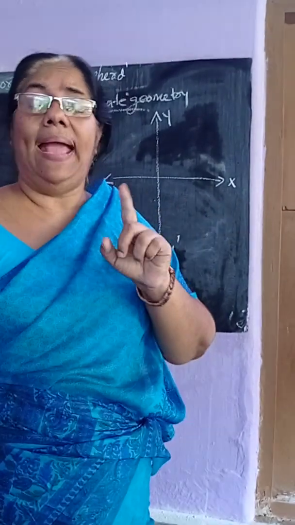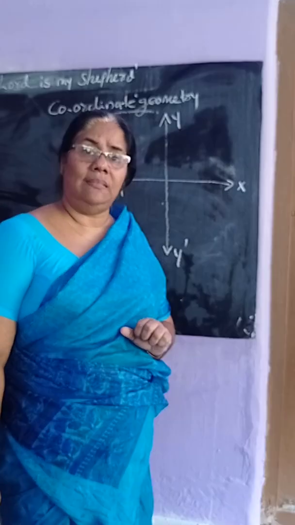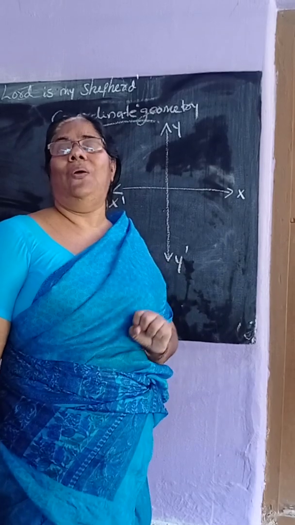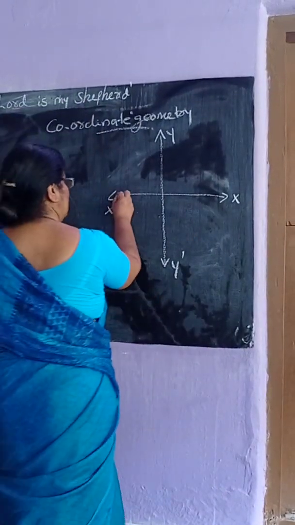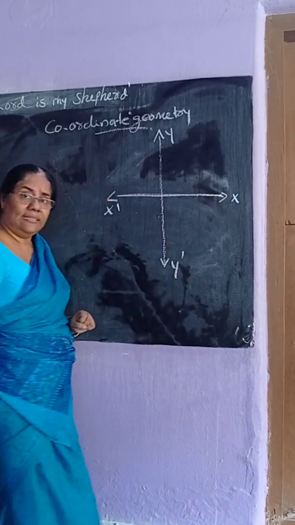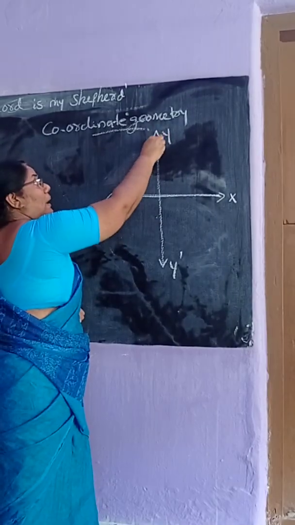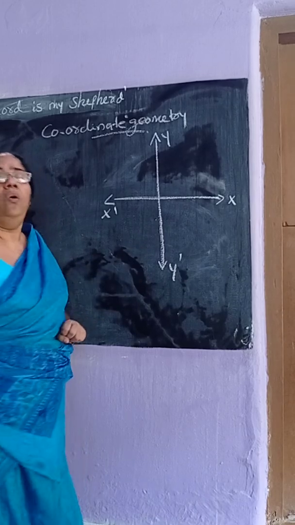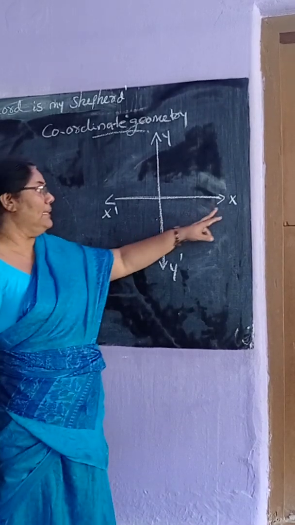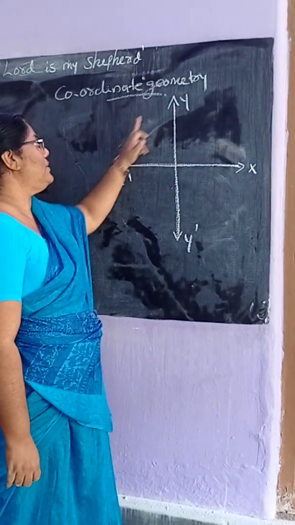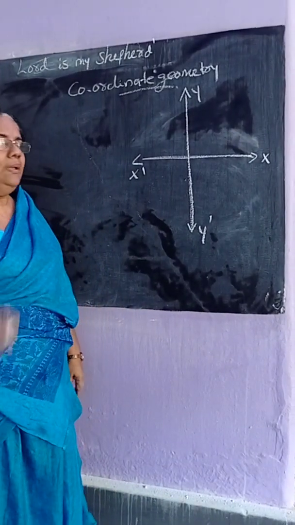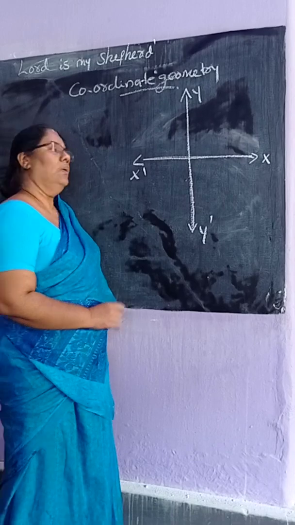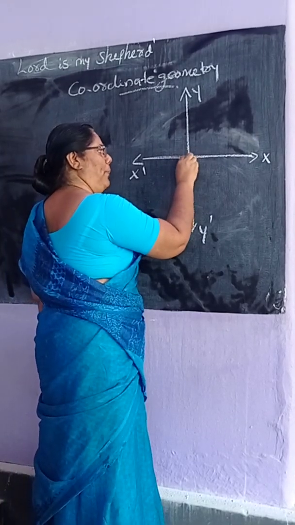The horizontal axis is known as the x-axis and the vertical line is known as the y-axis, or we mark them as x, x dash and y, y dash. Understand? Now look here, how to plot points.